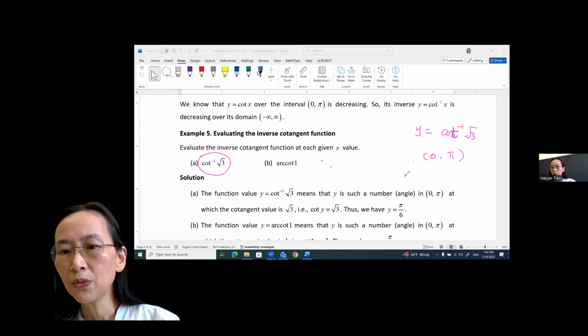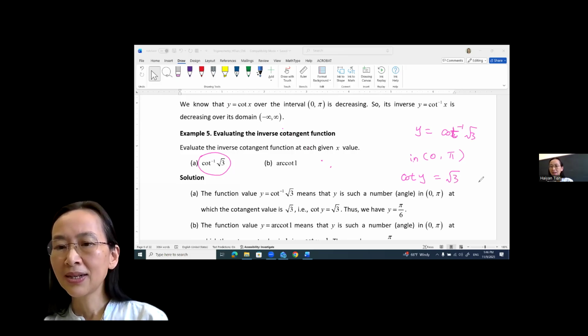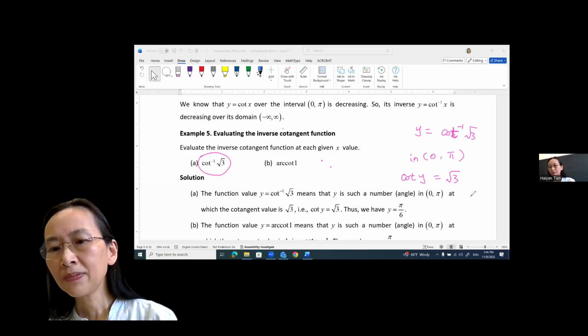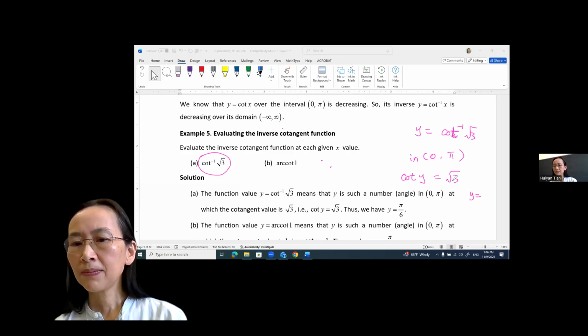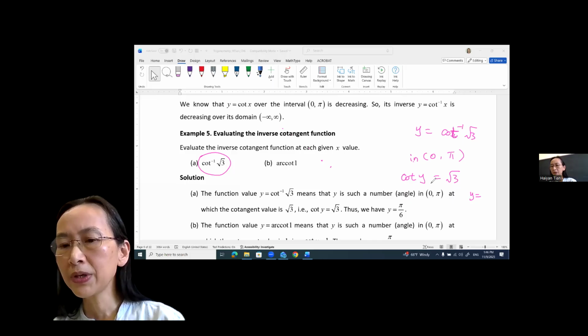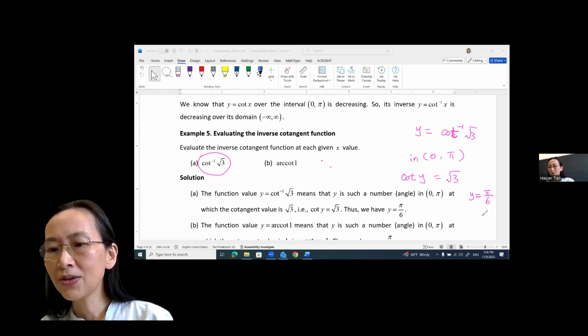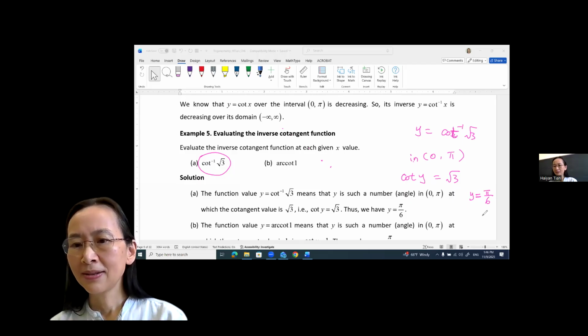So we're looking for a y, which is in this interval, whose cotangent value is square root of 3. What is y? And the square root of 3, you see, the y is actually, we can know the exact value because of the special angles we memorized. So it's pi over 6.